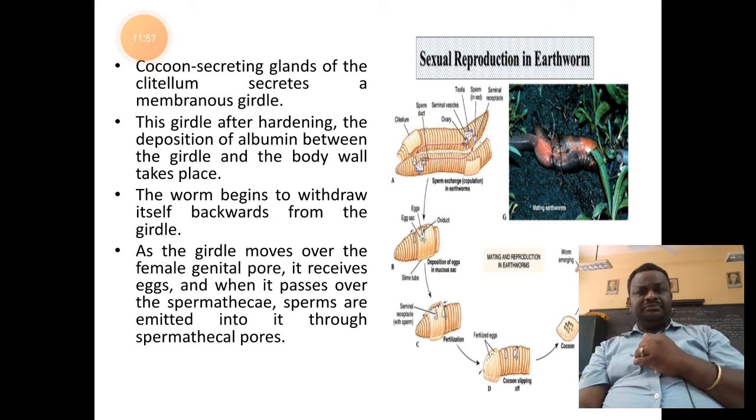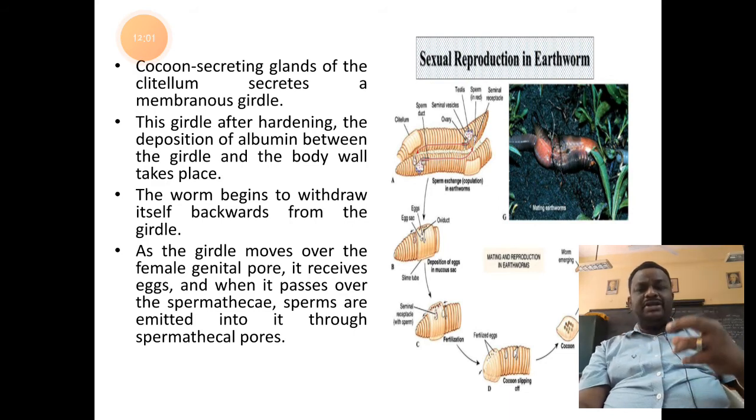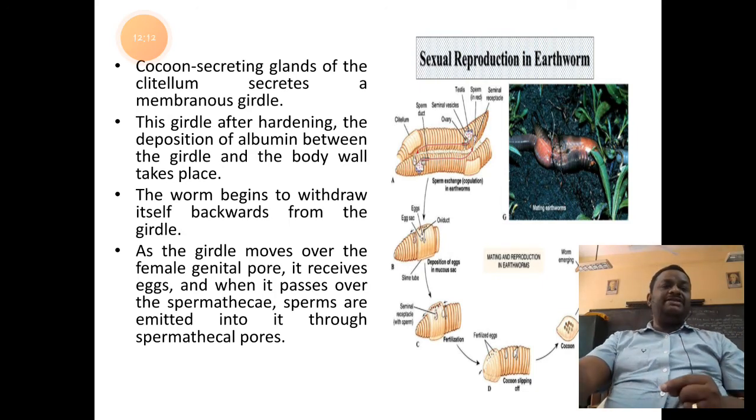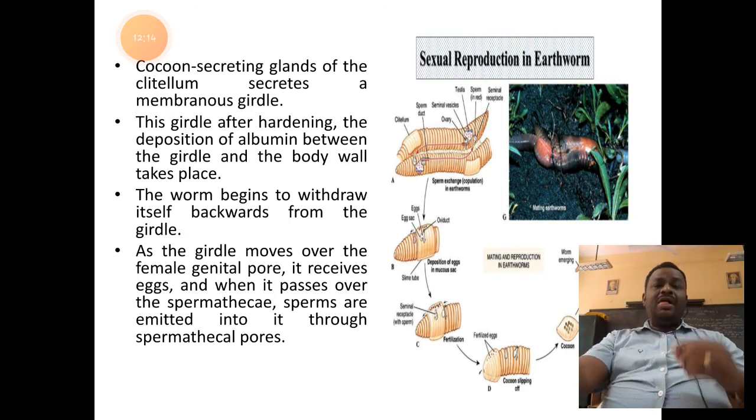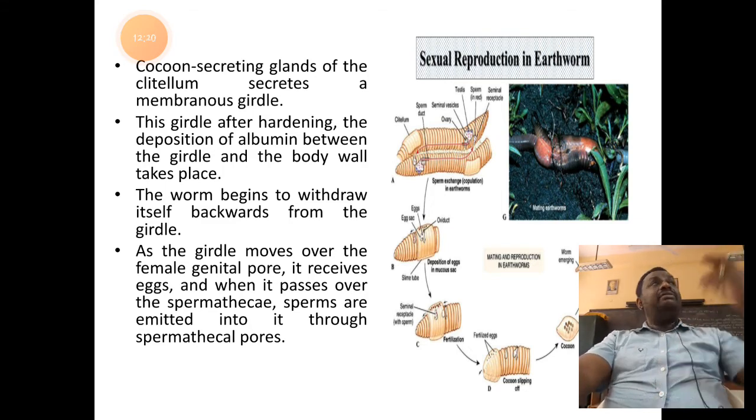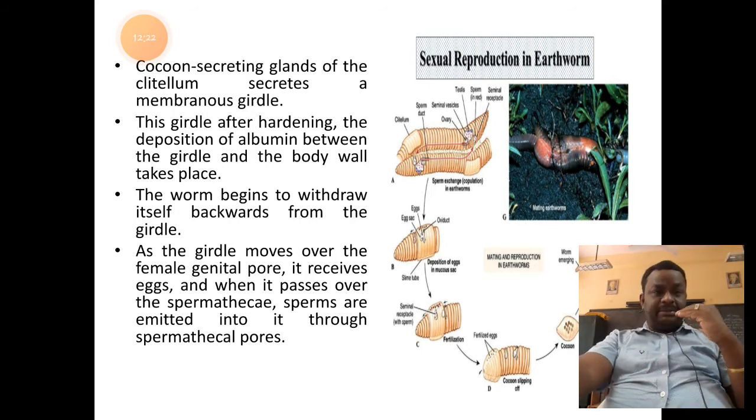Now, the earthworm slowly withdraws its body from the girdle by its backward movement till the 13th to 14th segments are reached. So, as we find in the structure here, first the clitellum will secrete the cocoon glandular secretion, that upon exposure to the air becomes hardened.